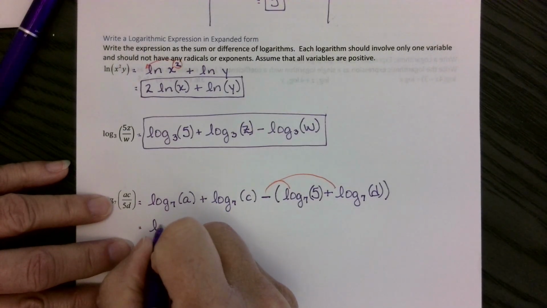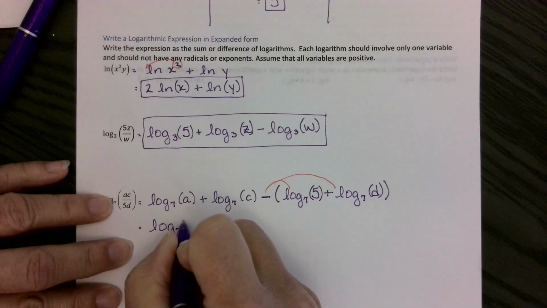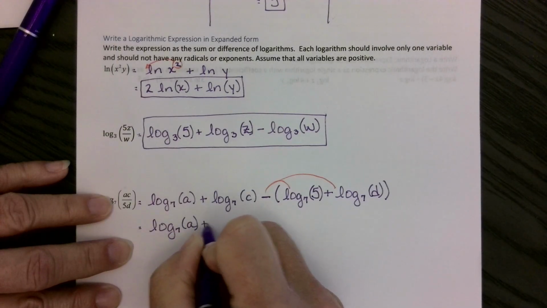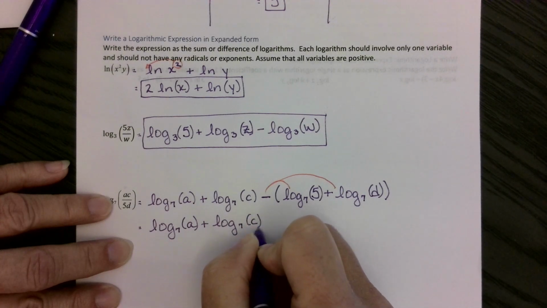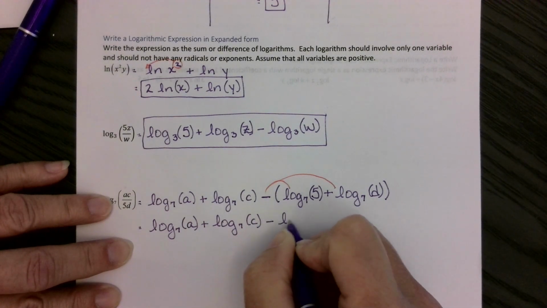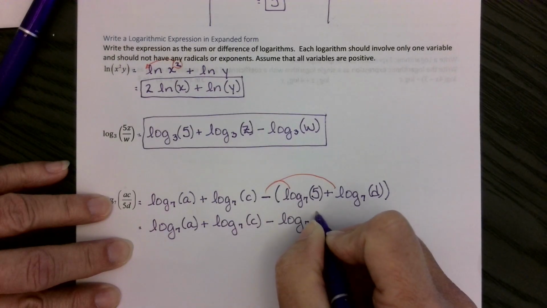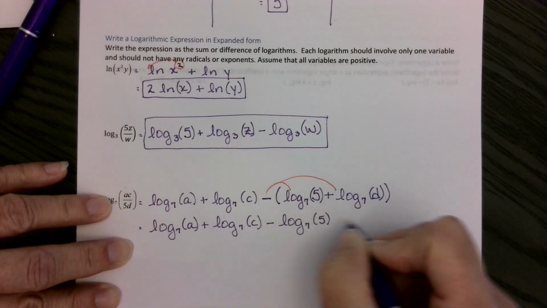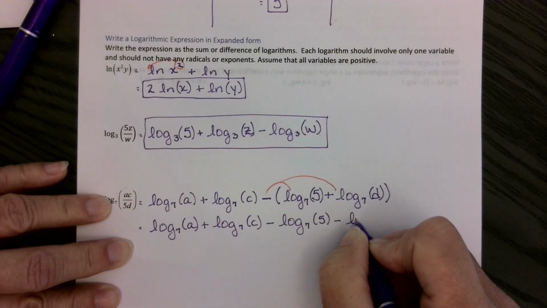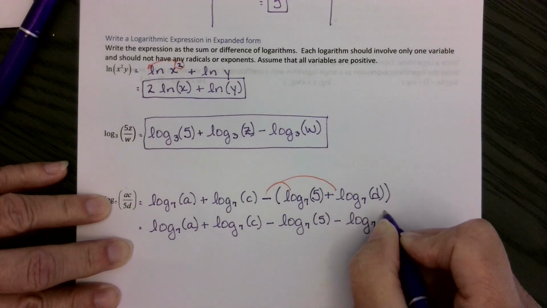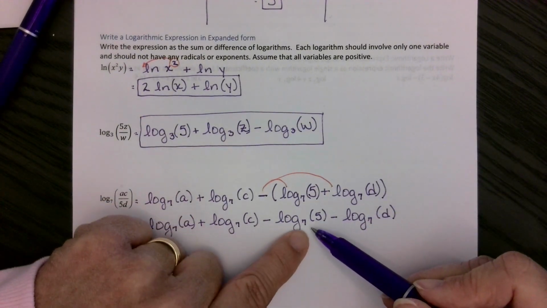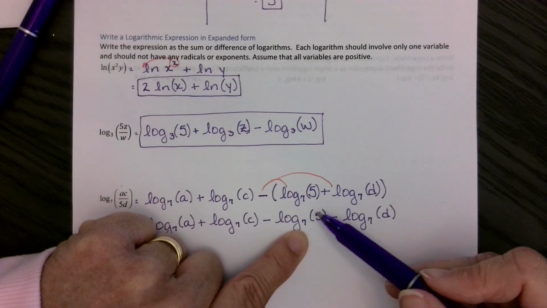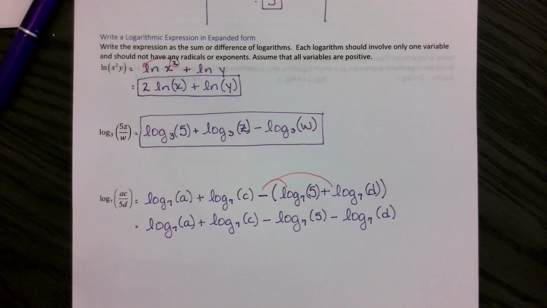So the real answer is log base 7 of a plus log base 7 of c minus log base 7 of 5 minus log base 7 of d. The only thing you need to check for is, can we simplify this? No. 7 to the first power is 7, 7 to the second power is 49. We're done.